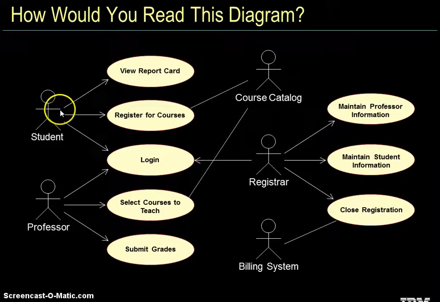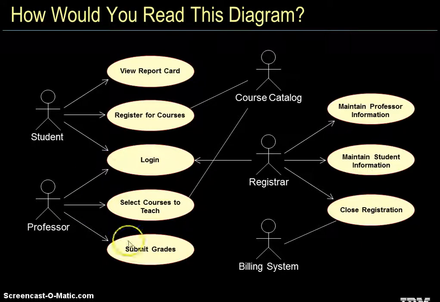What kind of actions or behavior does a student have with respect to enrollment in the course? The first one is, after enrolling in a course, once he has registered for the course, he can view the report card, meaning the status of his performance. Then he can register himself for the course. That is another operation he can perform, or another use case we can say. Next, he can log in using his credentials to see the status of all his performance.